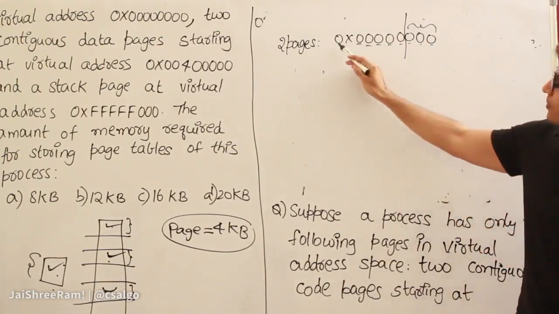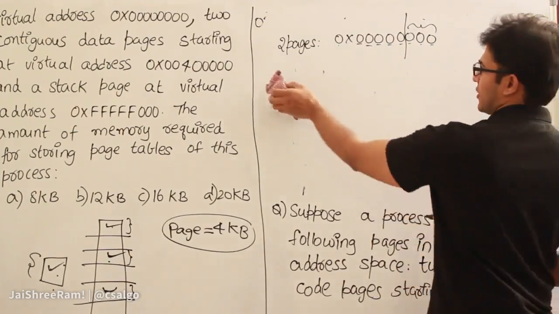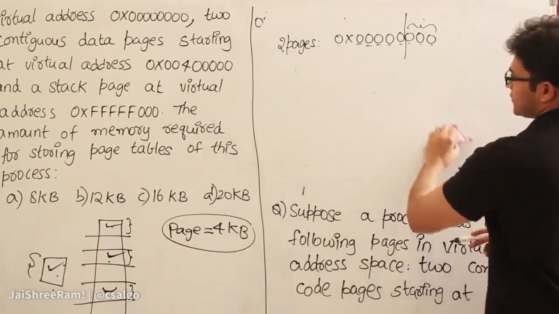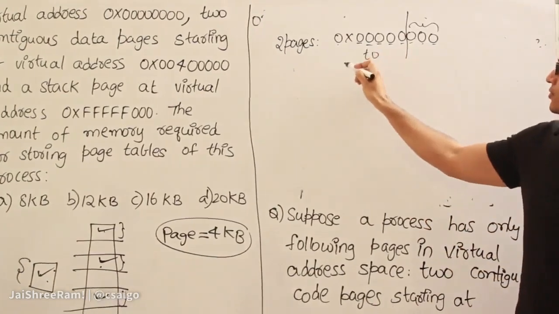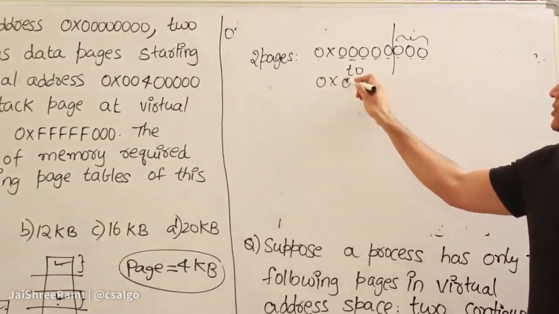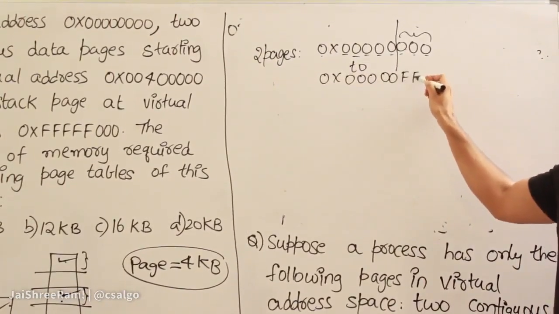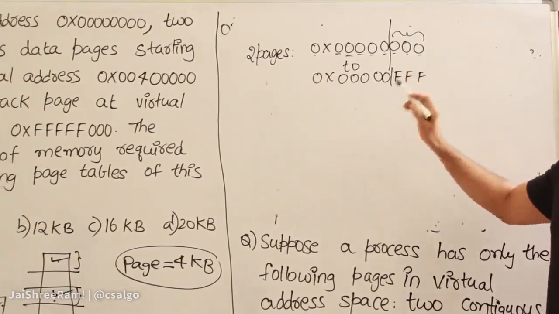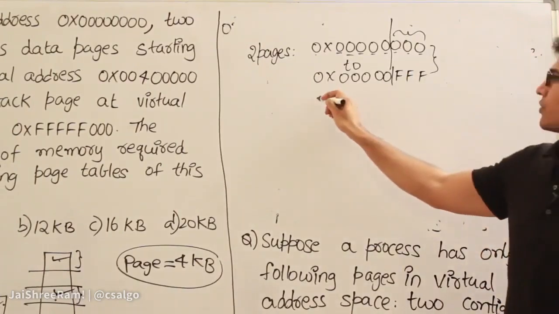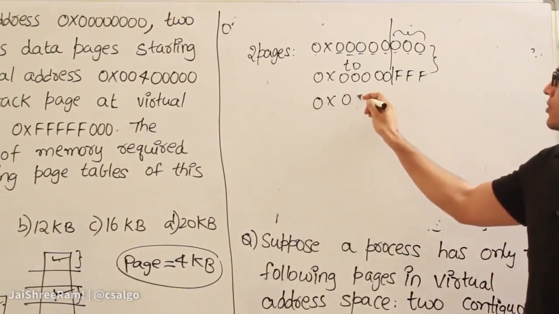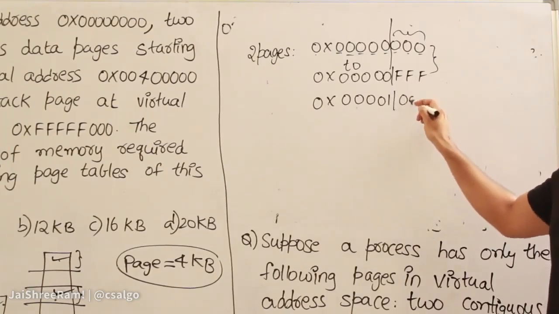So if two pages are starting from this location, can you tell me what are the addresses present in each page? One page contains addresses from this address to 0x0000F, right? So this is the range of one page, and the second page is going to start from 0x00001123.